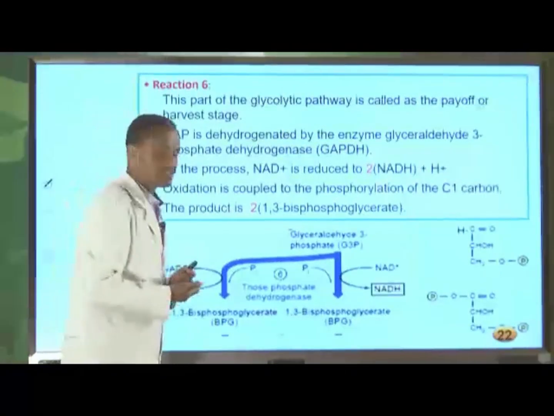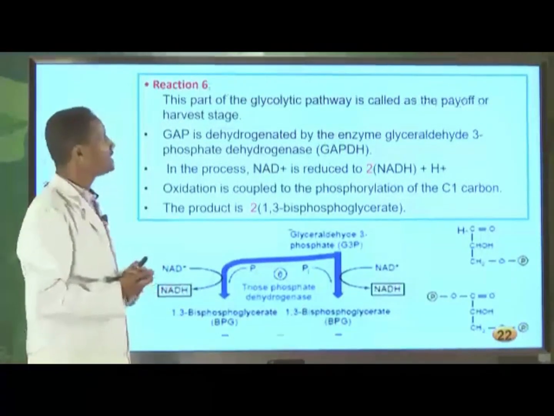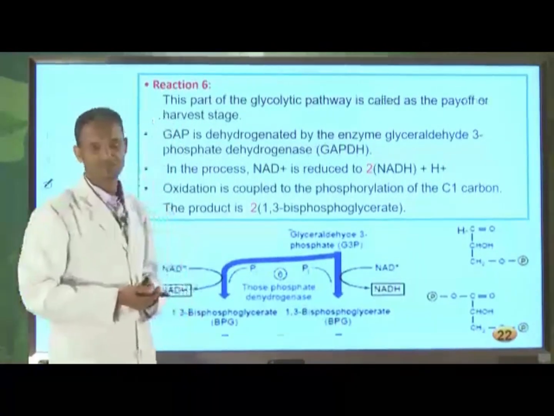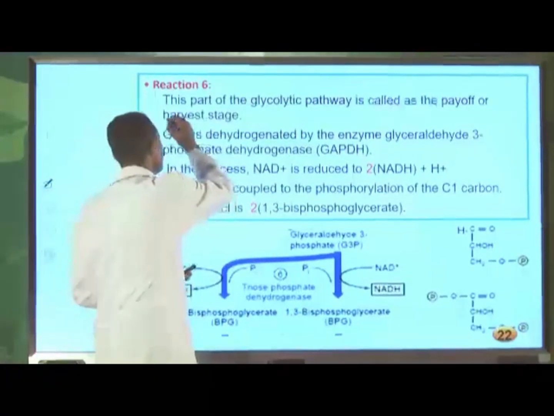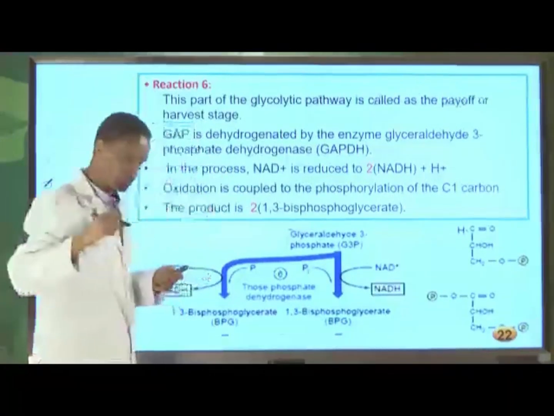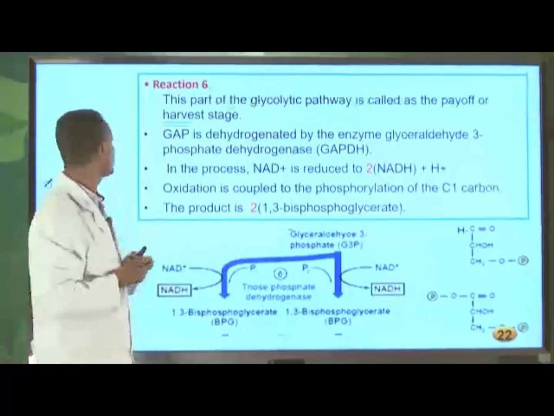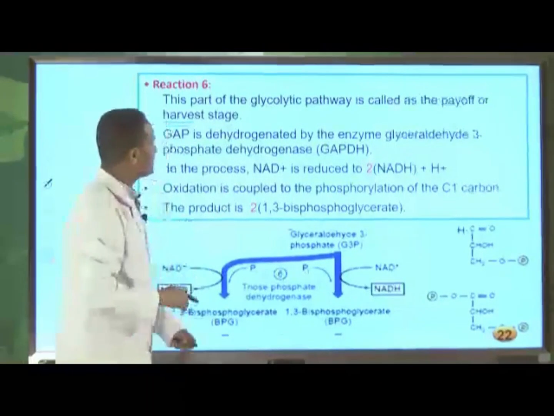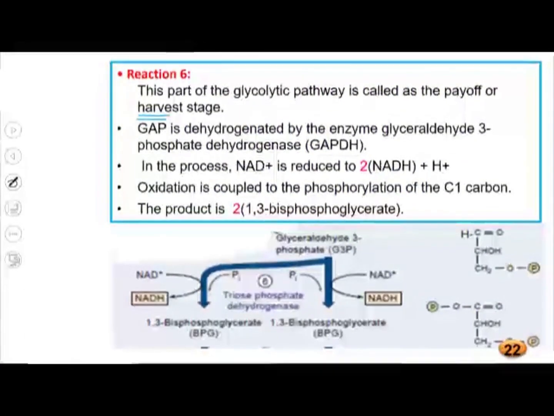In reaction 6, this part of the glycolytic pathway is called the payoff or harvesting stage. It is called the harvesting stage because it is the stage at which the cell starts to gain ATP from the chemical reactions. Here, glyceraldehyde 3-phosphate is dehydrogenated by the enzyme glyceraldehyde 3-phosphate dehydrogenase.